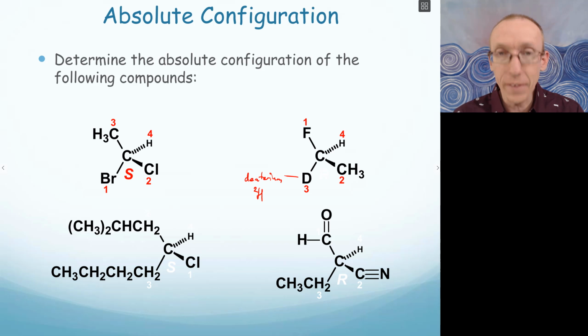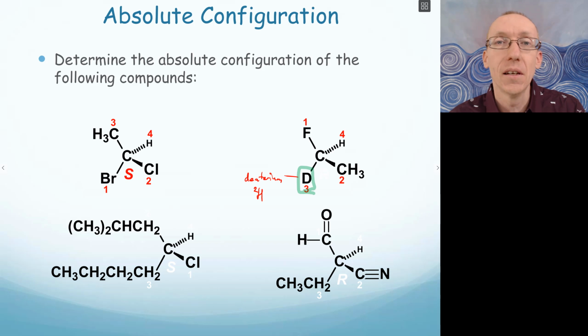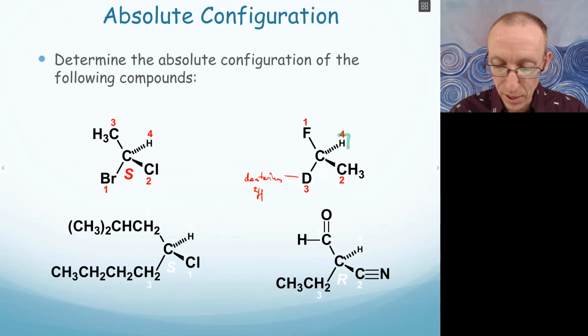Now, I keep on telling you that it's the atomic number that is important for assigning priority, but the atomic number of hydrogen is the same as the atomic number for deuterium. So actually, in cases like this, it's the atomic mass. The atomic mass of deuterium is 2, whereas the atomic mass of hydrogen is 1. And so hydrogen is the lowest priority and deuterium is the second lowest.